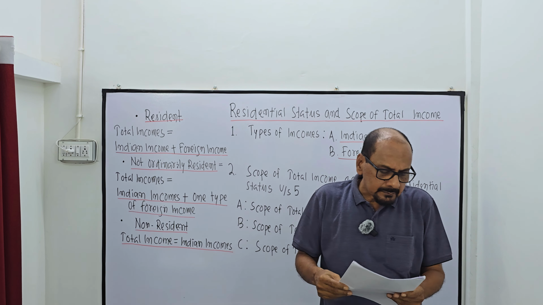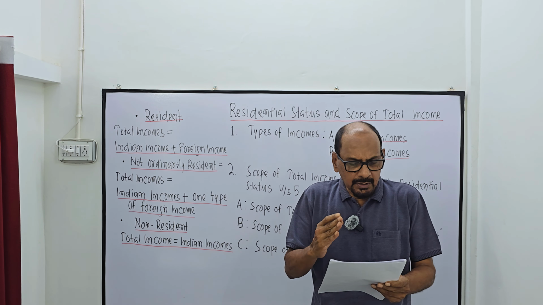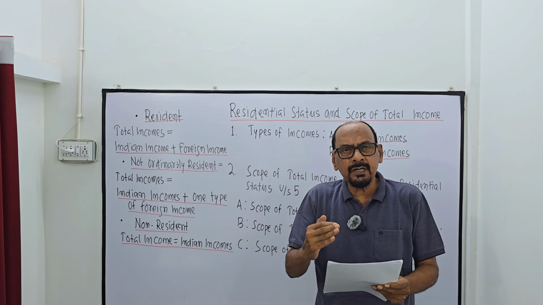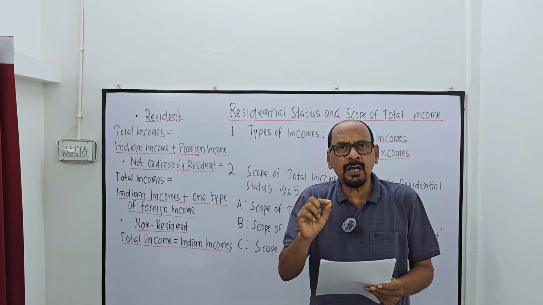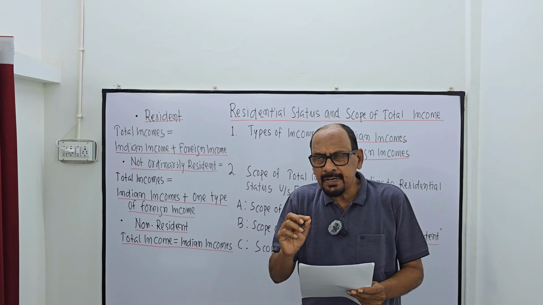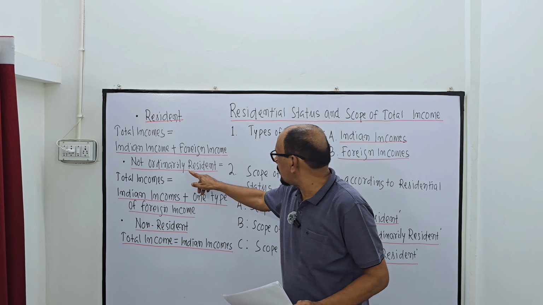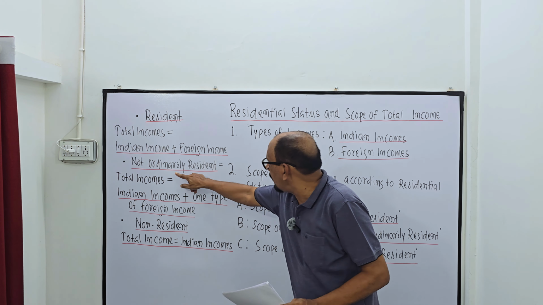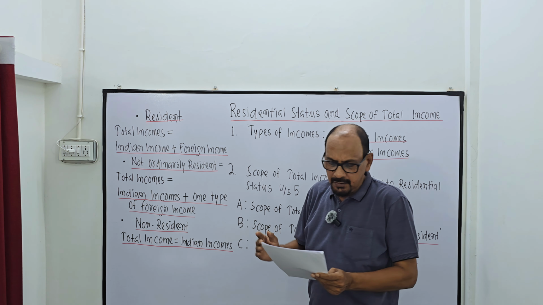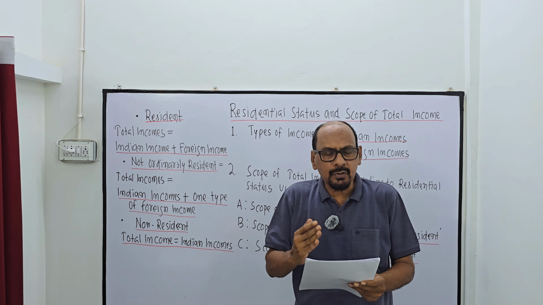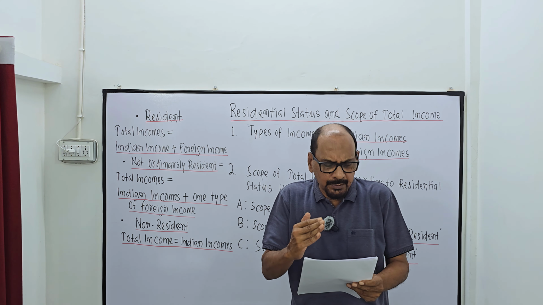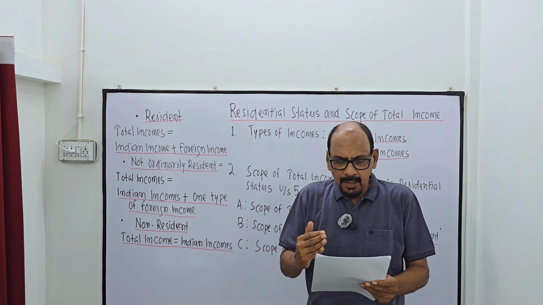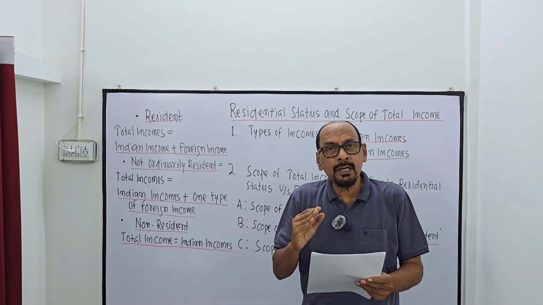Here, first, the income received or deemed to be received in India during the relevant accounting year is included if a person is not ordinarily resident. The date and place of accrual is immaterial.